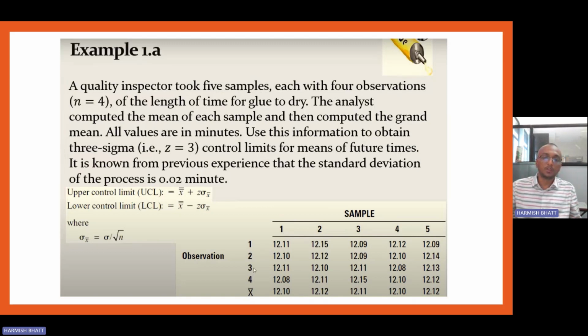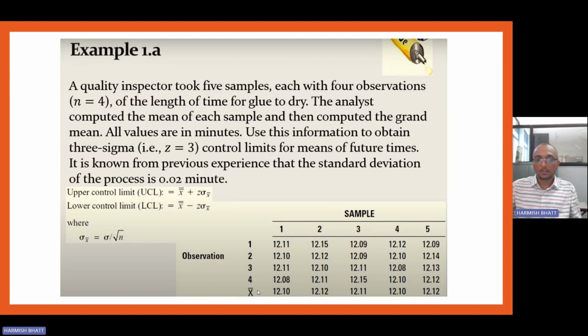Observation numbers 1, 2, 3, and 4, of the length of time for glue to dry. The analyst computed the mean of each sample and then computed the grand mean. Over here, you are able to see the X bar value.